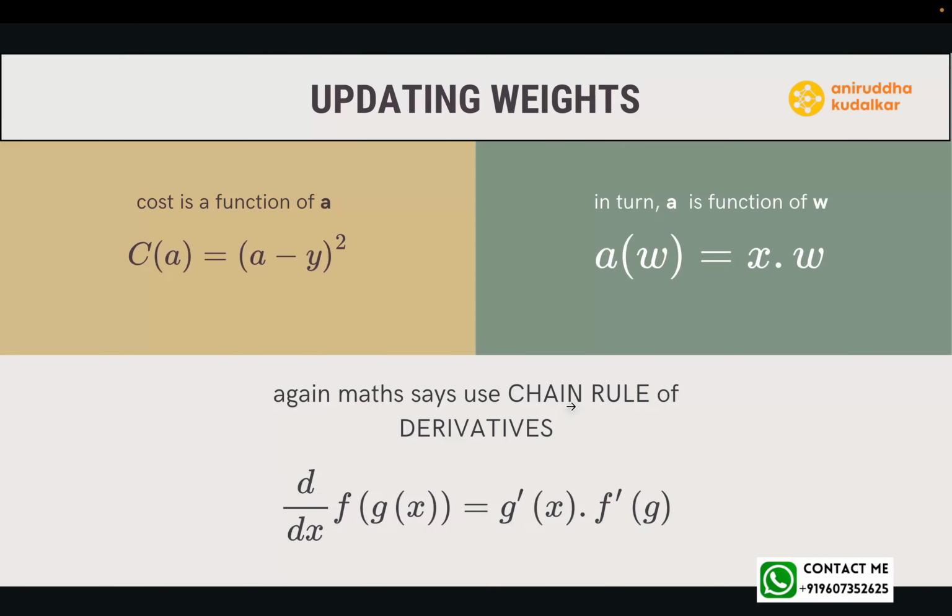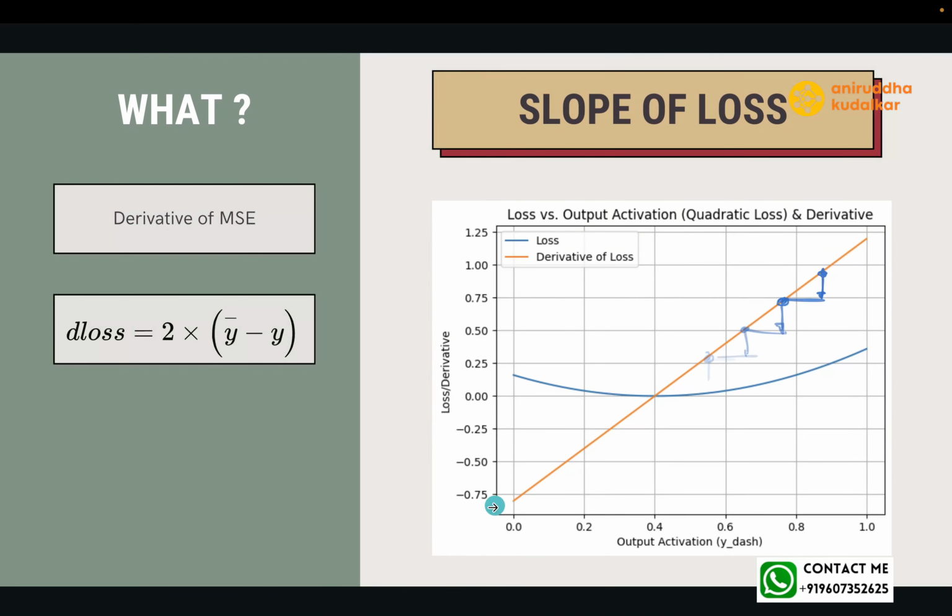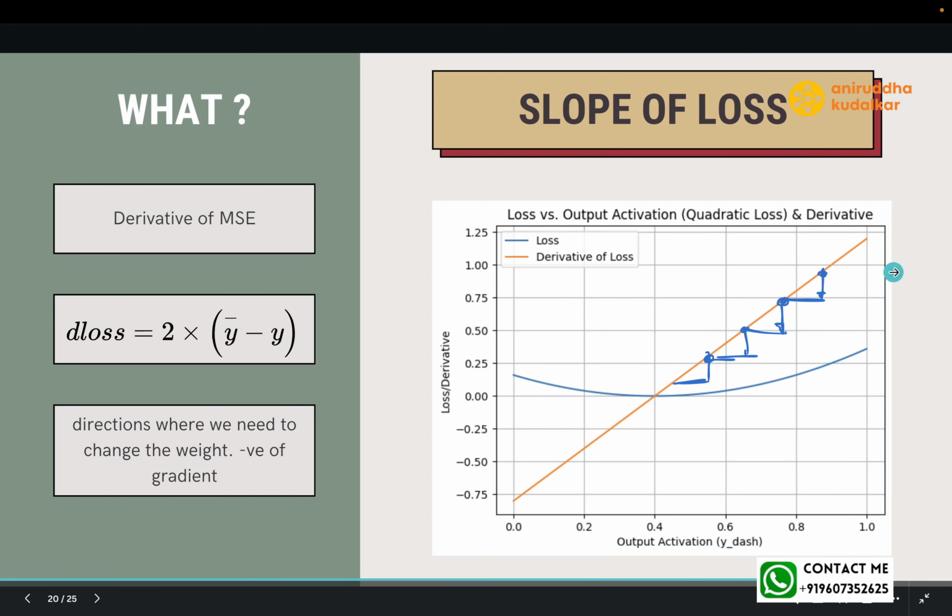So we need to plot one more line over here which represents the slope. We have taken a derivative of this parabola and then we have drawn this line, and this line says that if you are here and you come down on this line in this way, you will reach the minimum of the loss.